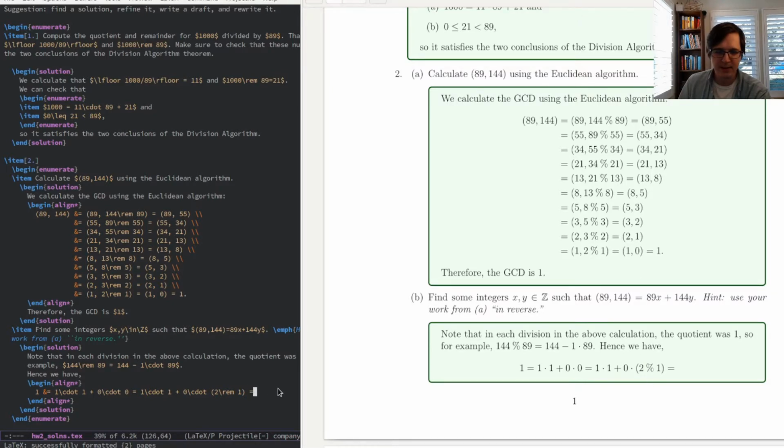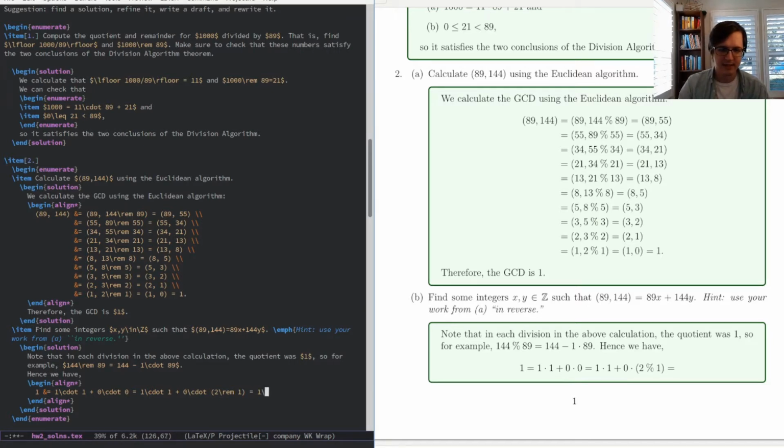So 2 mod 1 is, it's very silly starting from this point when it's 0. It just seems like this is not a very useful part of the calculation. So what do I want to do? Also we can choose any coefficient here that we want. Okay, let's just start at 2, 1.